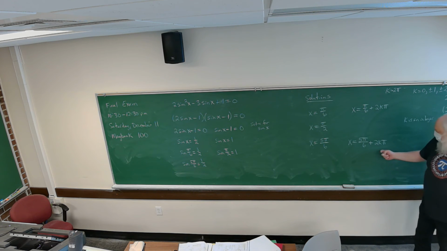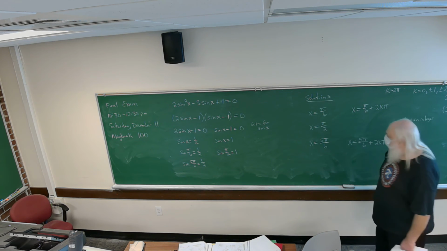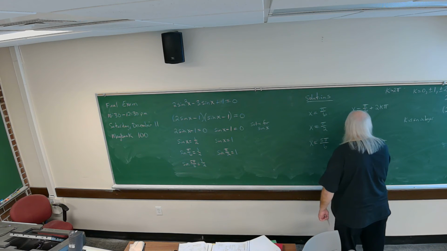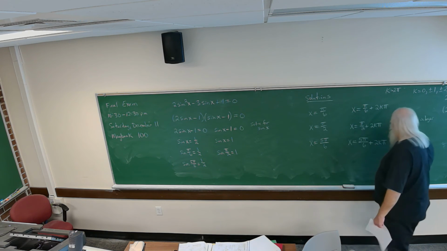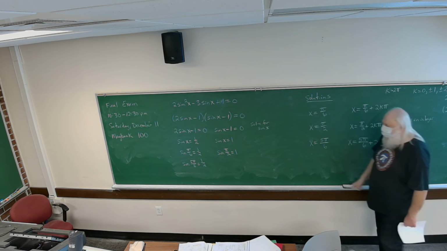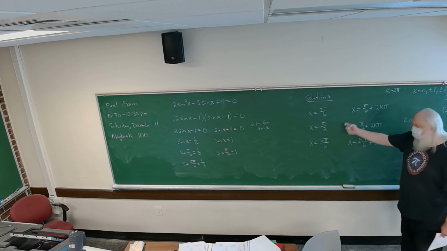Adding an integer multiple of 2 pi to 5 pi over 6, the sine of all these angles is also equal to 1/2, because they're all coterminal angles. And then if we add an integer multiple of 2 pi to pi over 2, where k is an integer, the sine of all those angles is equal to +1, because all these angles are coterminal.